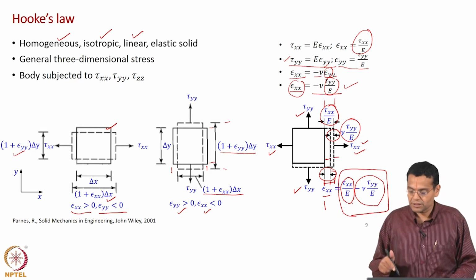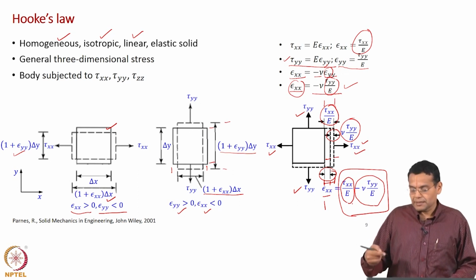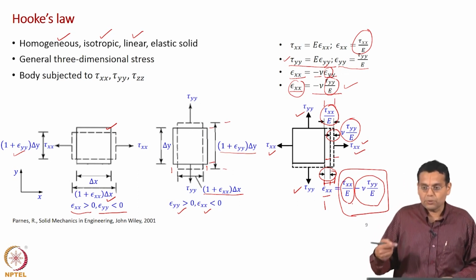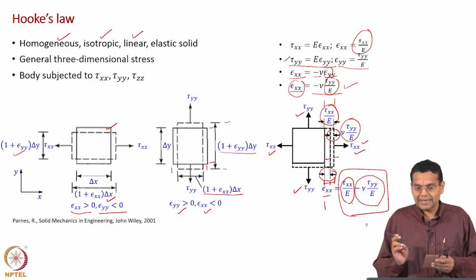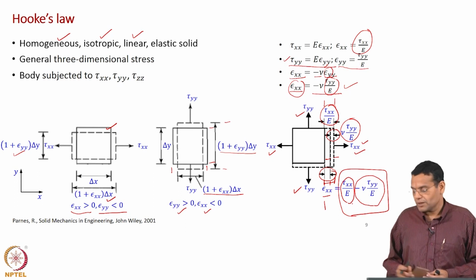Is it okay? The first term represents contribution from tau xx, which is elongation. Second term tells a contribution because of tau yy, which is contraction, and if you sum together you get the net normal strain.